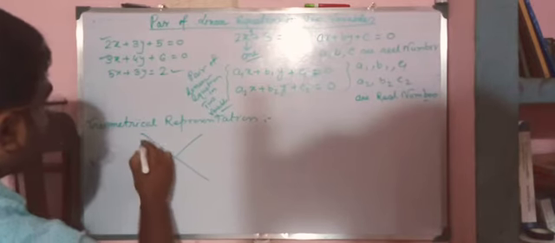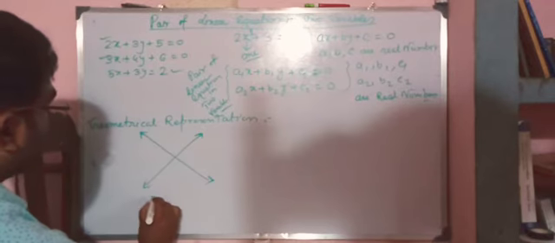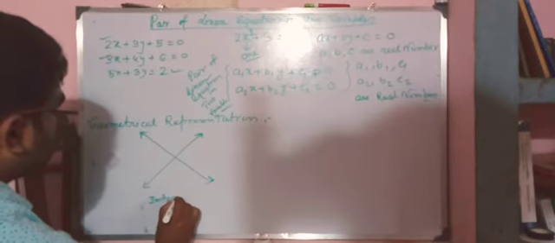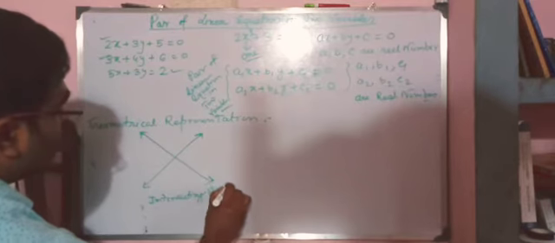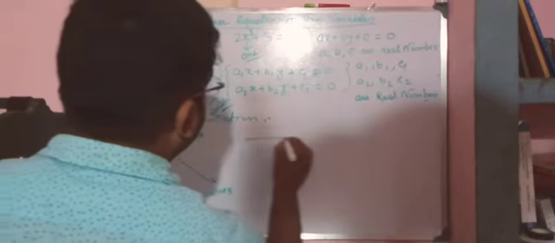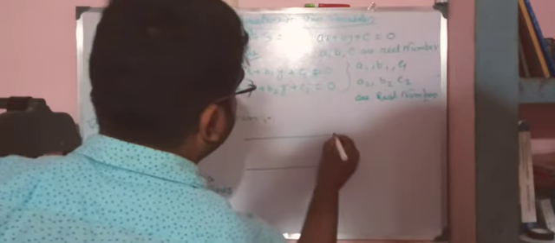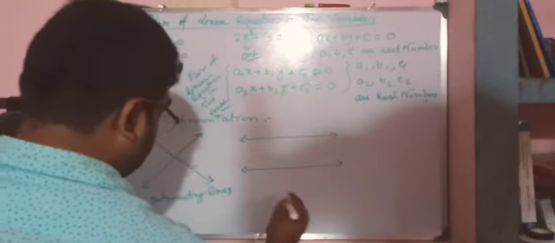These are the geometrical interpretation of intersecting lines. Next, parallel lines look like that. Okay.